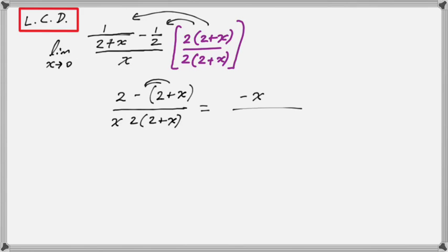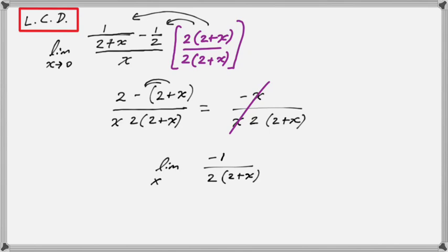I think it leaves me a negative x over this, which would allow those x's to cancel. Don't forget there's a 1 there. And we're going to replace the x now with whatever it said we had to replace it with. So if x is approaching 0, I'm going to put a 0 in for that x.